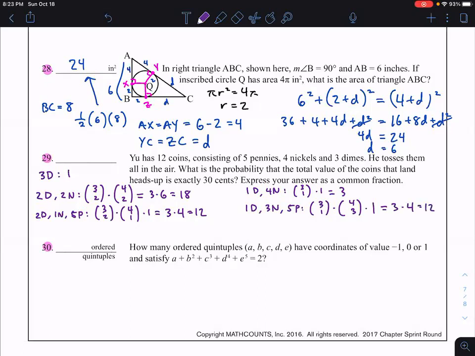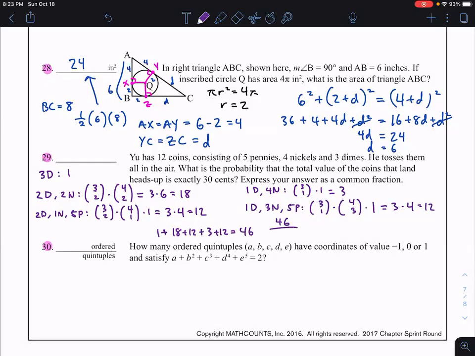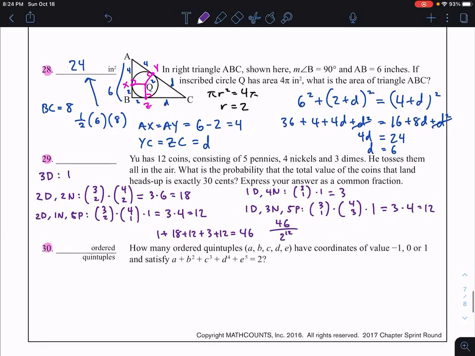Now you just have to add all this up. So 1 plus 18 plus 12 plus 3 plus 12 is equal to 46. Since it's asking for a probability, we put 46 over the total number of possibilities, which is just 2 to the power of 12, since there are 12 coins, and for each coin you only have 2 options, heads or tails.